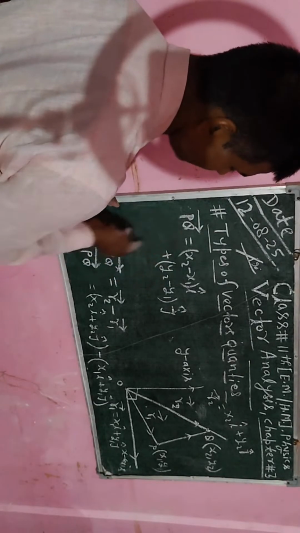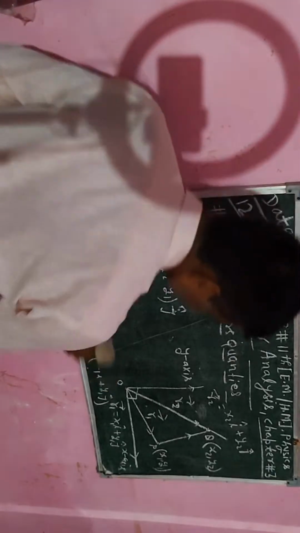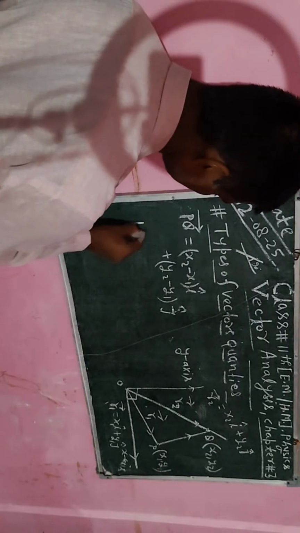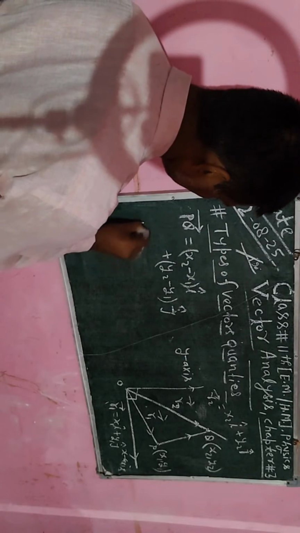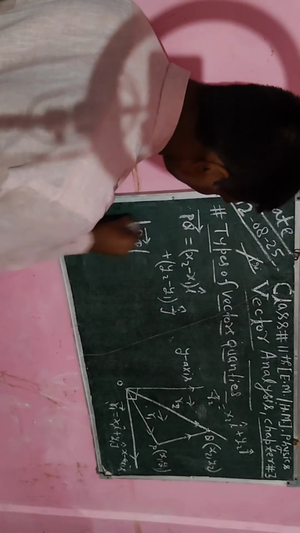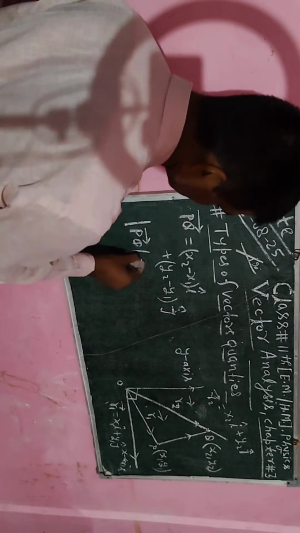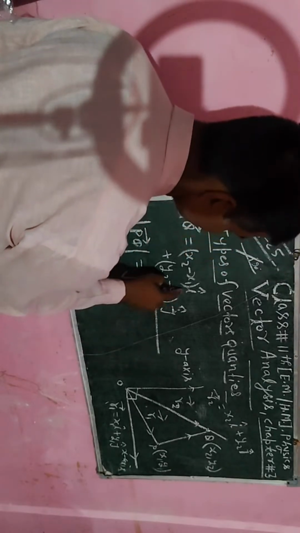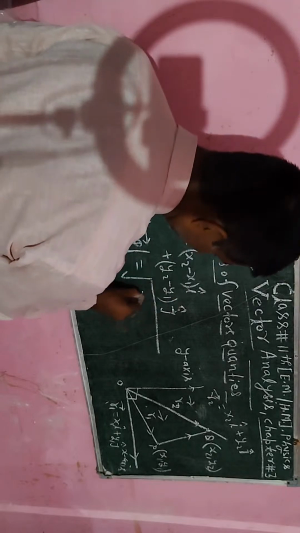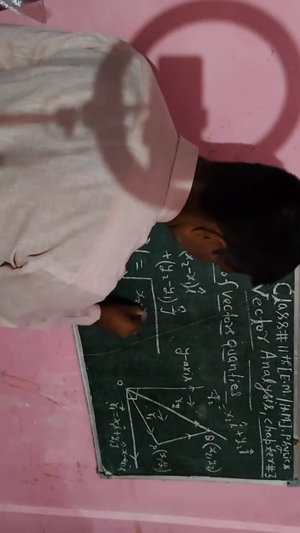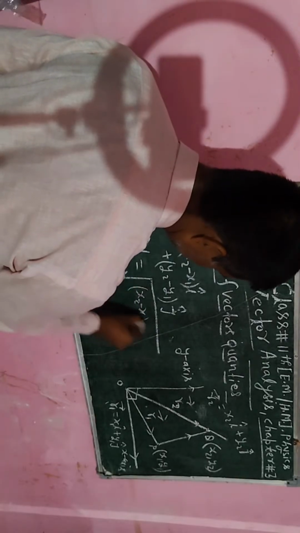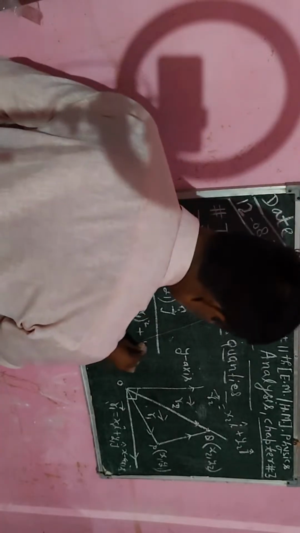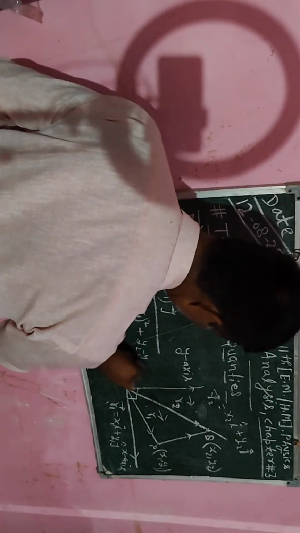Now further I will also get its magnitude. Magnitude means any value that is written in the modulus sign, so that will be a positive value. So I will say that will be the square root of the coefficient of vector I, so the coefficient of vector I is x2 minus x1 whole square, and then I will put here y2 minus y1 whole square.